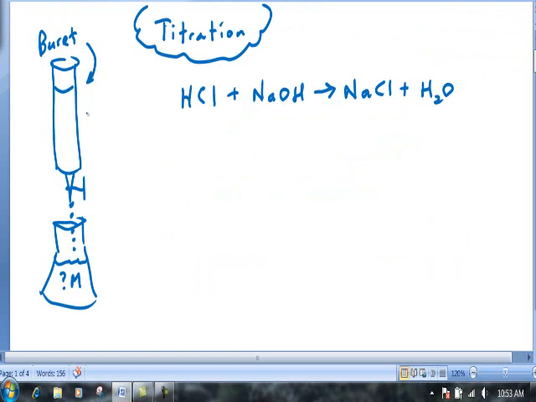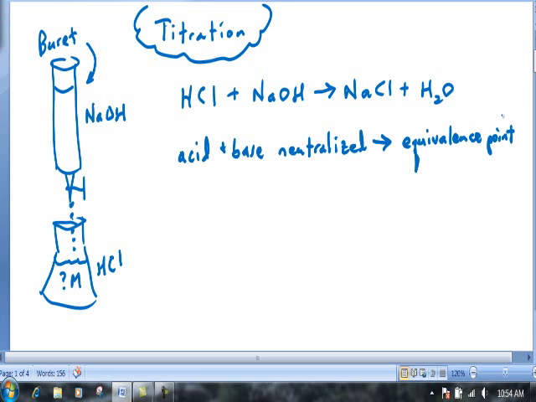An example of a titration would be something where we may have an NaOH solution of some known concentration and something such as HCl of an unknown concentration that we're trying to determine. The burette allows us to open the valve and dribble in the sodium hydroxide to the hydrochloric acid until the hydrochloric acid is completely neutralized.